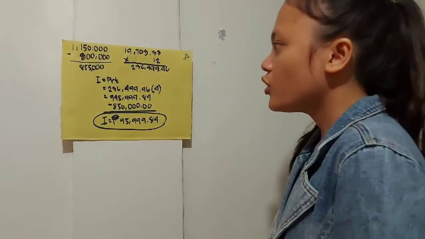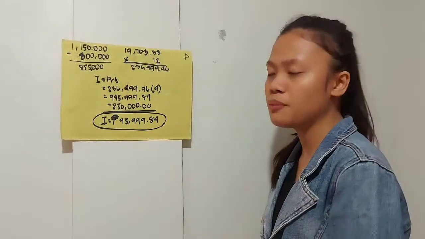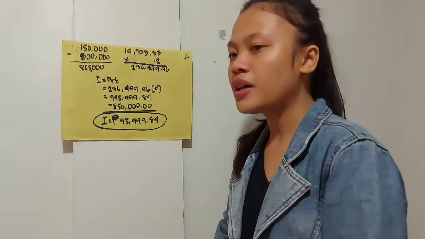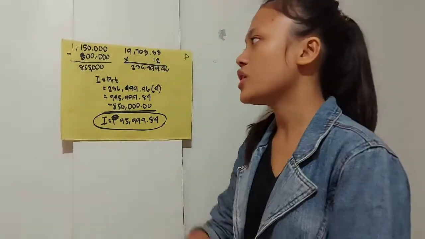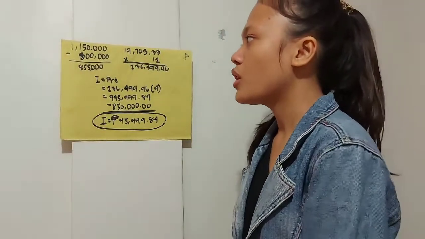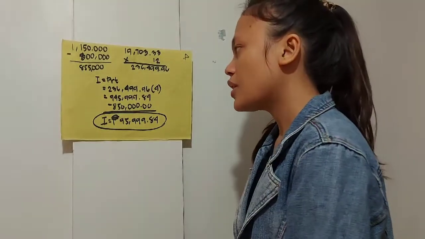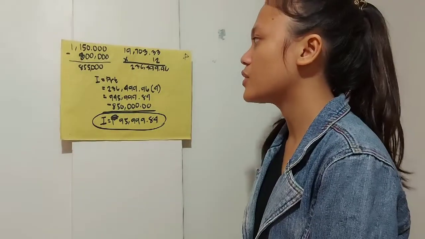So in order for us to get the finance charge on April 5, we need first to subtract the down payment from the car's cost, which is 1,150,000 minus the 300,000 down payment, equal to 855,000.